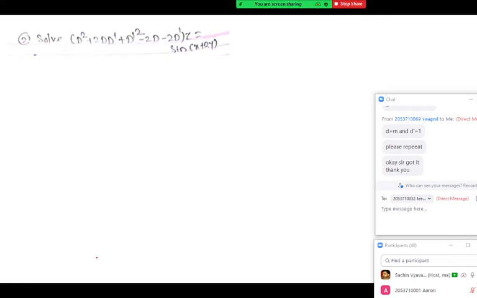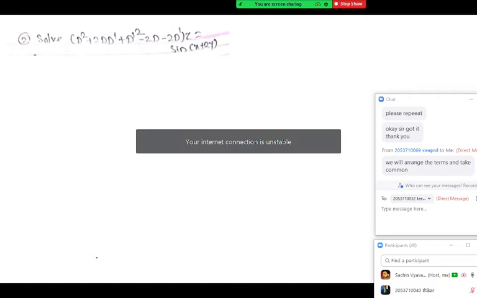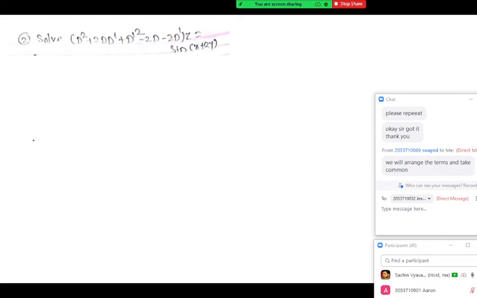Yes, anyone? Are you getting any factors here? Yes, very good, Swapnil. We should arrange the terms and take a common factor. If you observe these first three terms, it is d plus d dash bracket square.